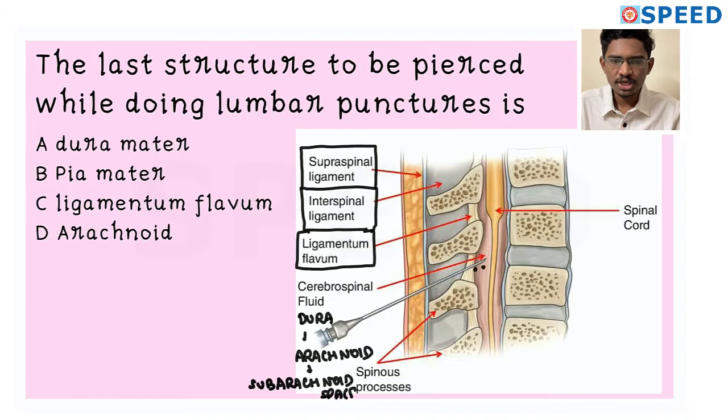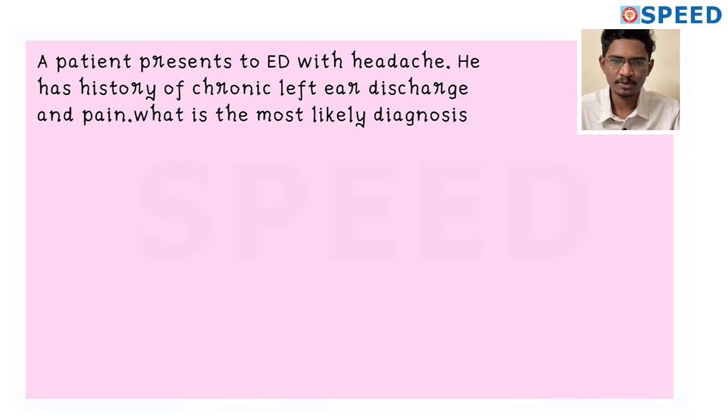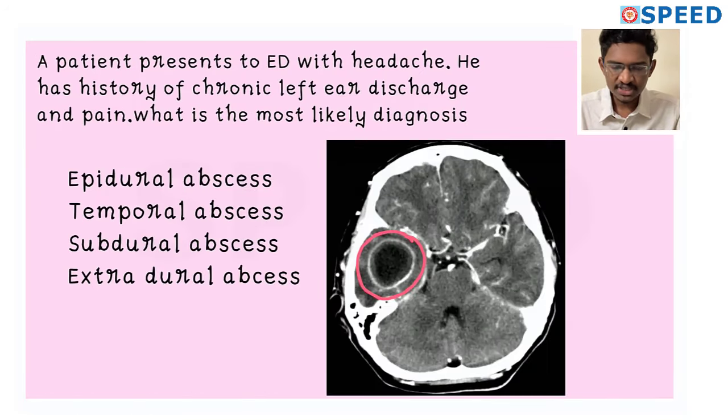The layers: first the supraspinous ligament, followed by the interspinous ligament, followed by the ligamentum flavum. Then you will have your dura, epidural space, then your arachnoid membrane, followed by CSF, your subarachnoid space. Okay, next question.